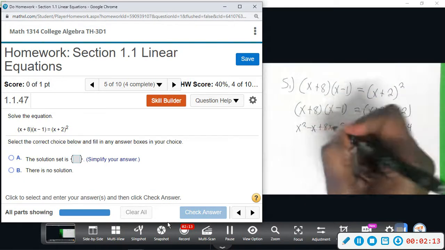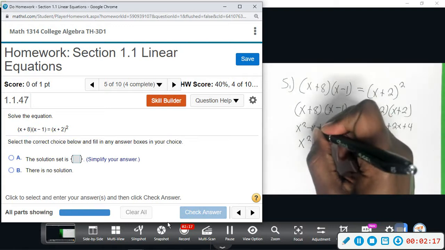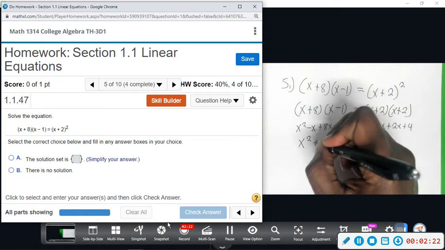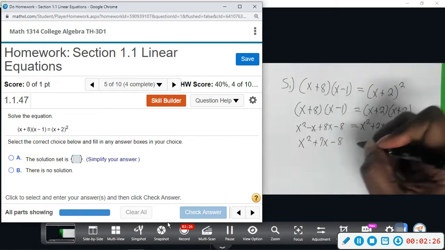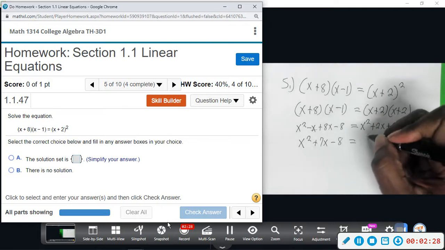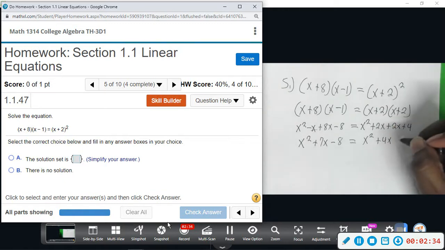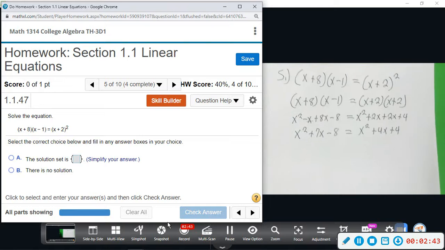Alright, we're going to combine like terms. X squared. Negative x plus 8, so you're doing 8 minus 1, so that gives us a positive 7x minus 8 equals, over here we have x squared plus 4x, 2 plus 2 is 4, and then plus the 4 at the back. Same thing, we're going to combine like terms and then solve for x.